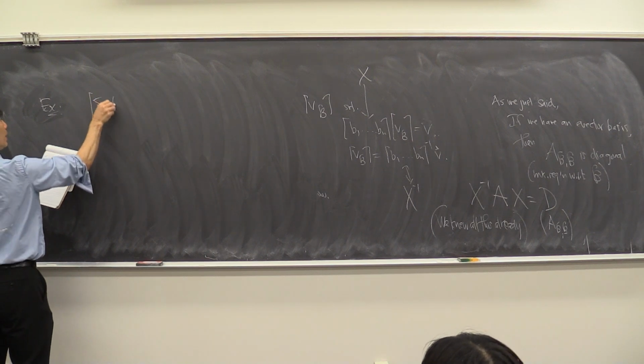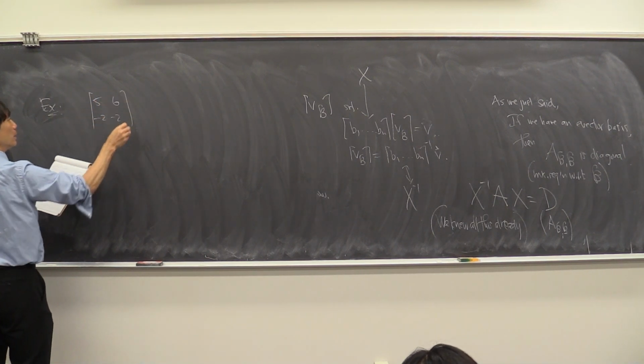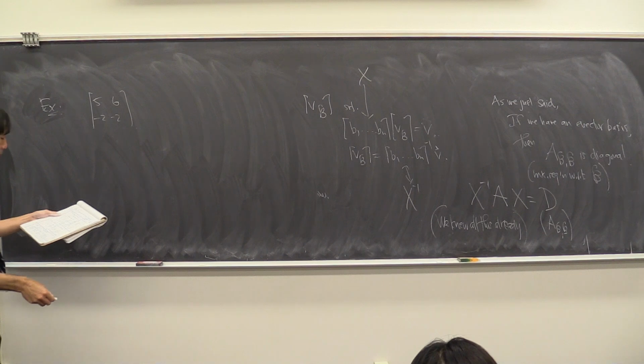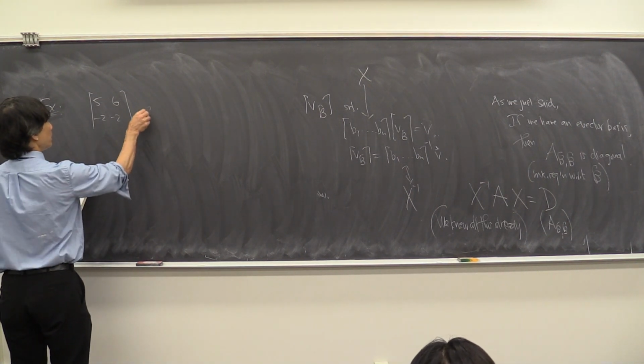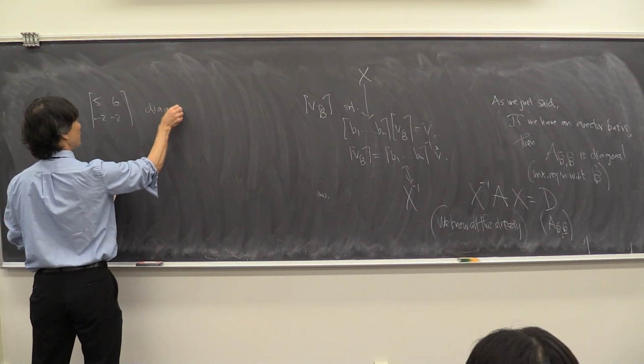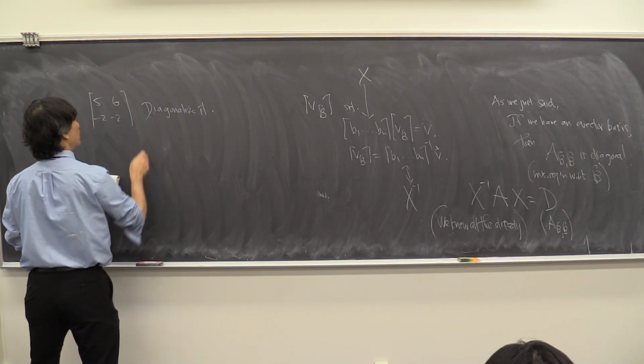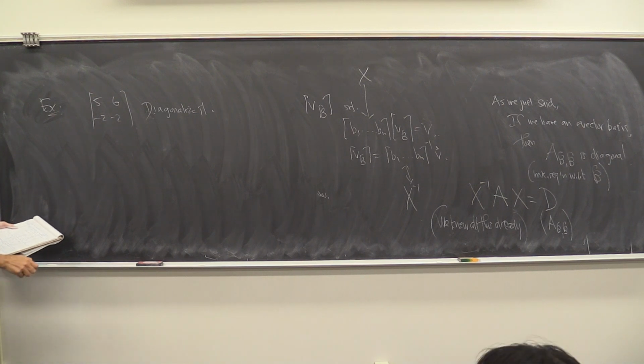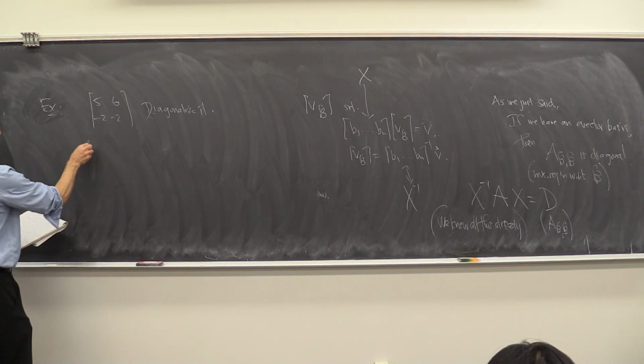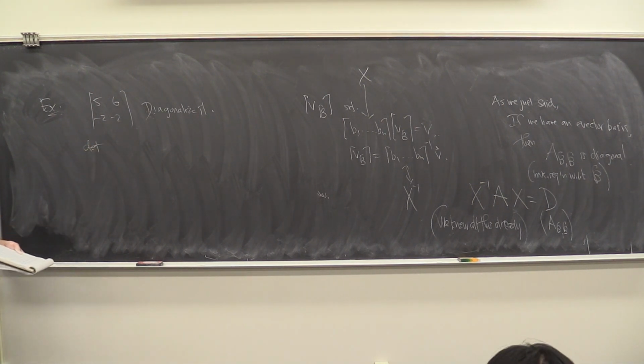You have a matrix 5, 6, -2, -2, and you're told to diagonalize it. The first thing we do is find the eigenvalues.